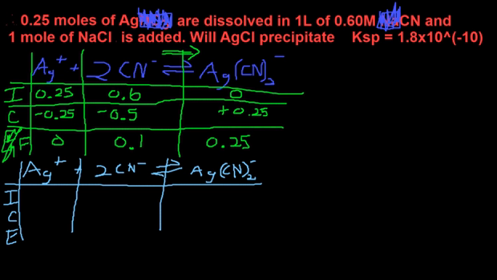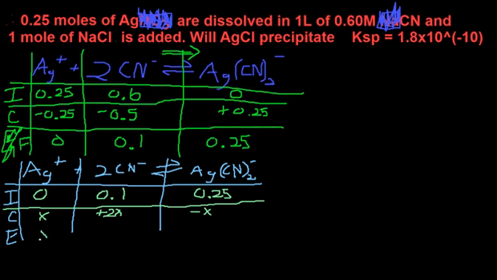Okay, so now we plug in our values, because now we start with 0 silvers, we start with 0.1 cyanides, and we start with 0.25 moles of silver cyanide. And our change, well, we're going to add x over here, we're going to add 2x over here, and we're going to subtract x over here.